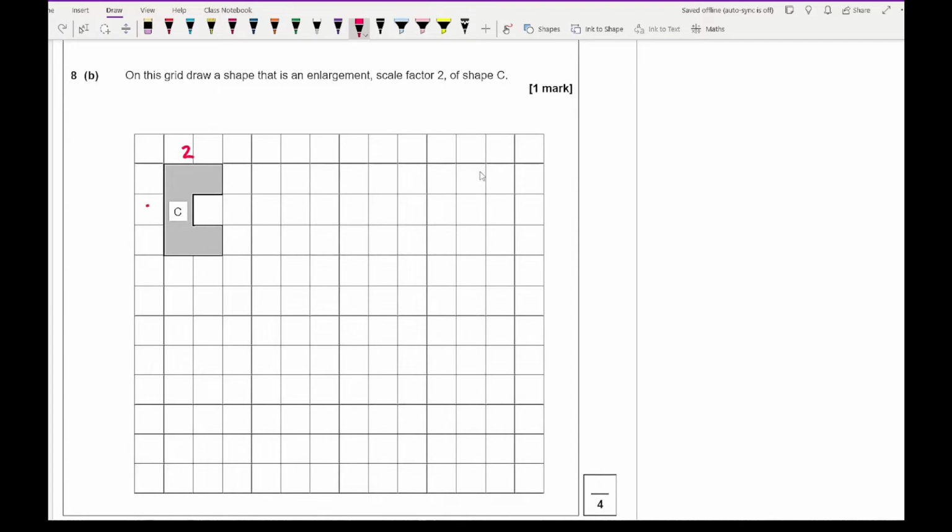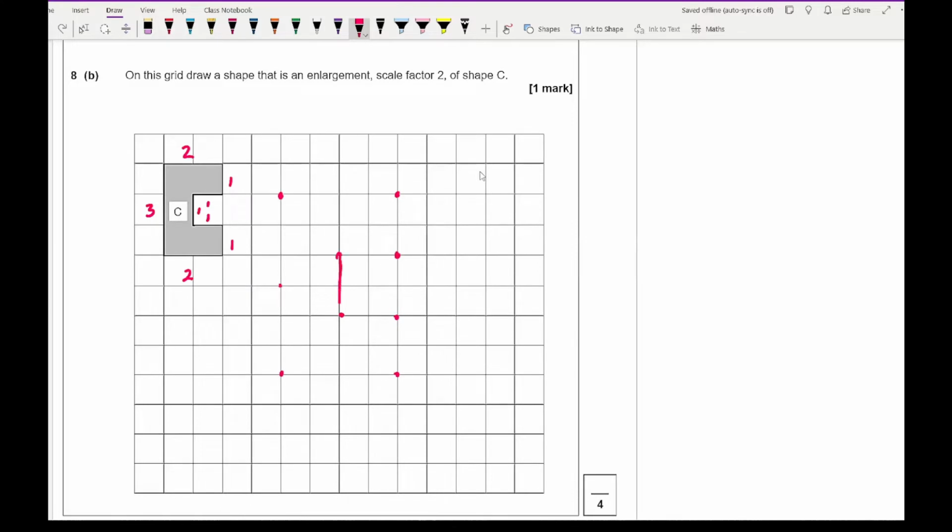So if I just look at the dimensions of just a few of these sides, then I need to multiply these dimensions by 2. So if I start here, rather than going 2 across, I'm going to go 4 across. So that's going to be there. Rather than going 3 down, I'm going to go 6 down. And rather than going up 1, so basically I should have something that looks like this.